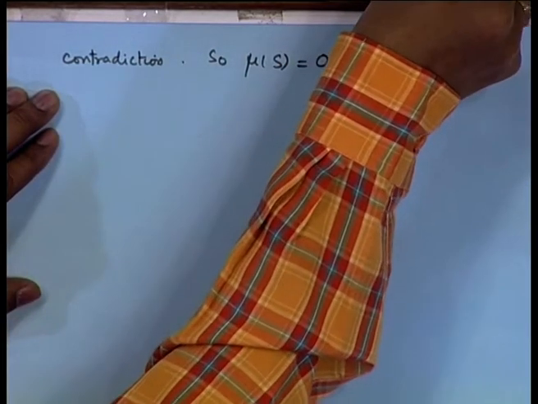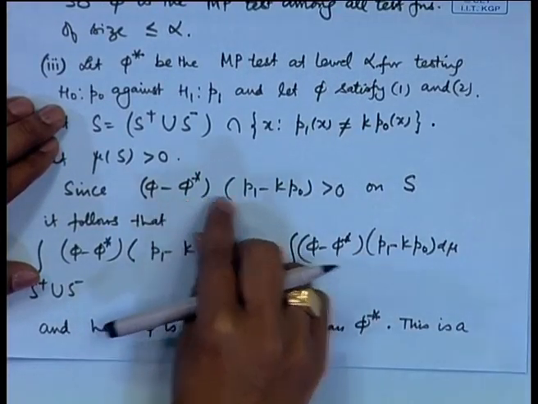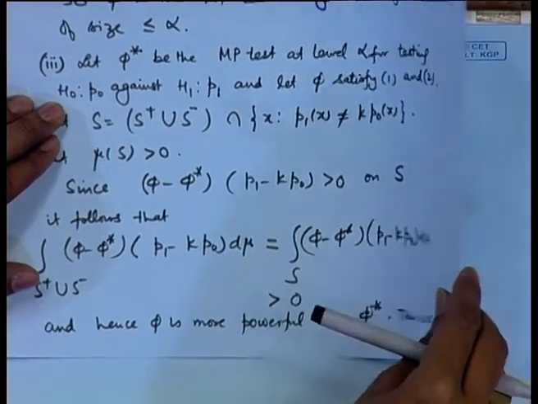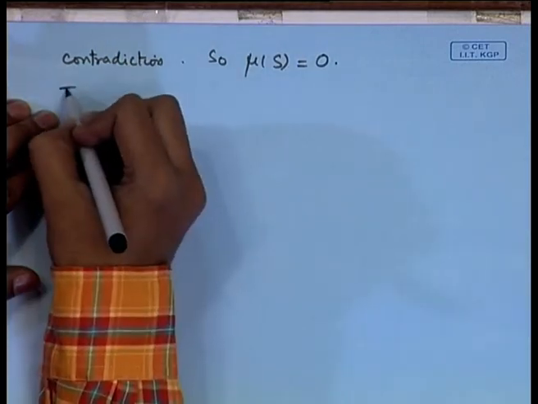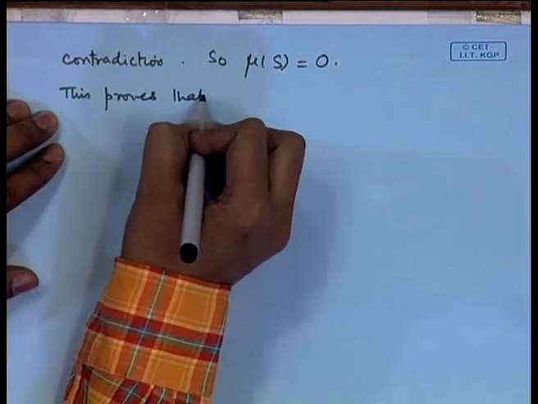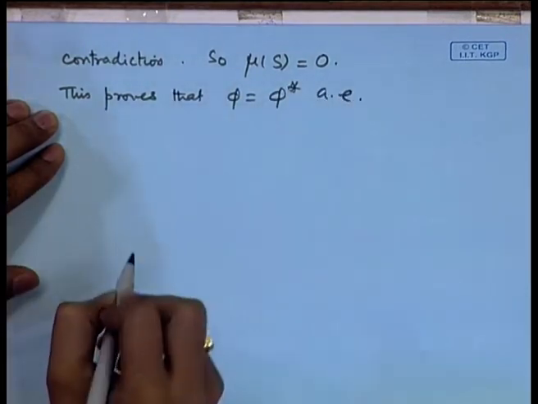That means, the set where phi minus phi star times P 1 minus K P naught is greater than 0 must have measure 0. This proves that phi and phi star are same almost everywhere.